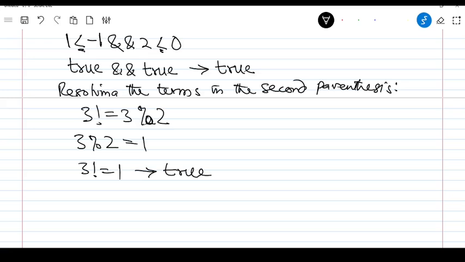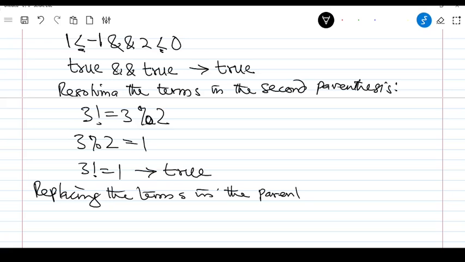So now we're going to have the term from the first bracket. So we're going to have everything in the first bracket as true, right? But let me just kind of explain everything. So we're going to say replacing the terms in the parentheses by their resolved values.